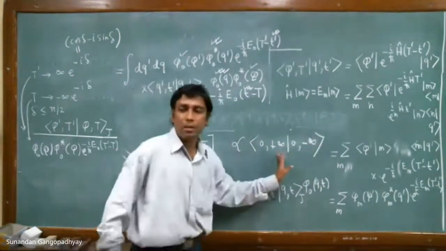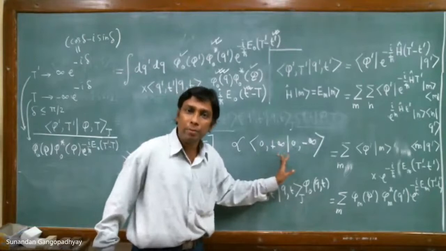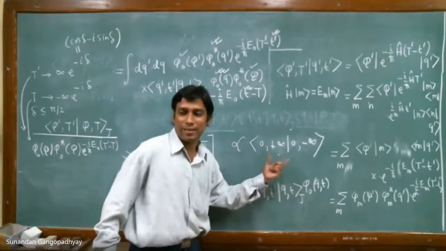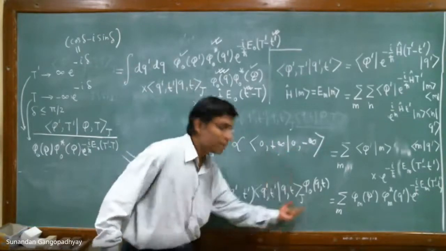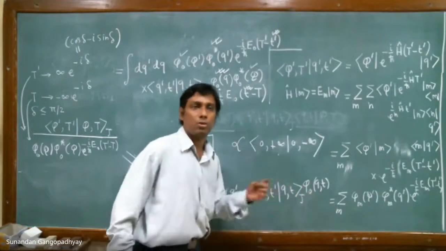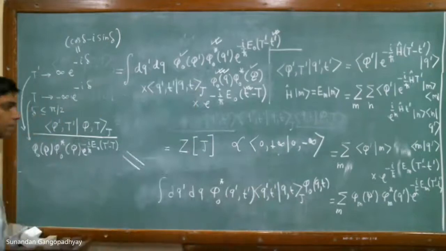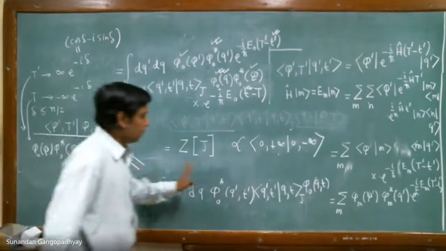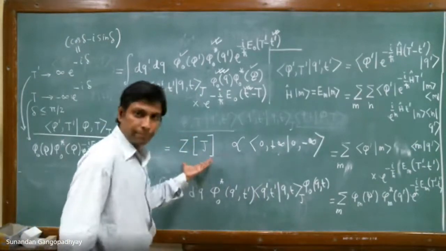Minus infinity plus infinity, you can understand, these are the time limits, and this is the ground state. So this is the ground state expectation value of this transition amplitude in the presence of an external source. And this, we call it Zj.